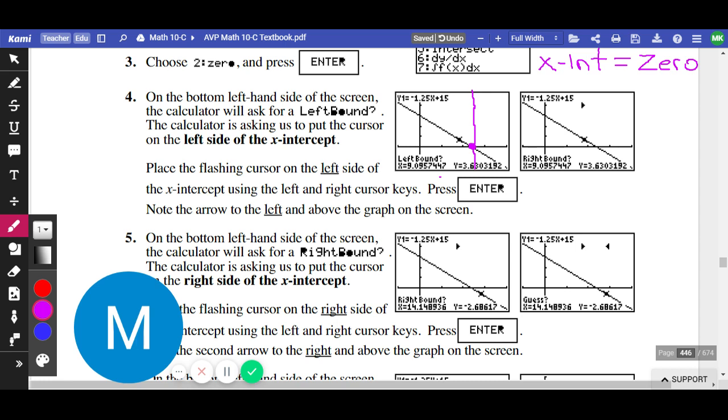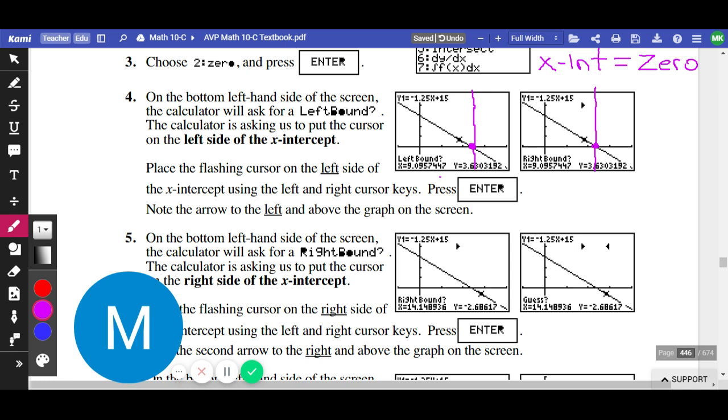Now on the bottom it says right bound. So again, move your cursor to the right-hand side of that invisible line using your right arrow. I click my right arrow to put my cursor somewhere down here. I hit enter. It should say guess now.